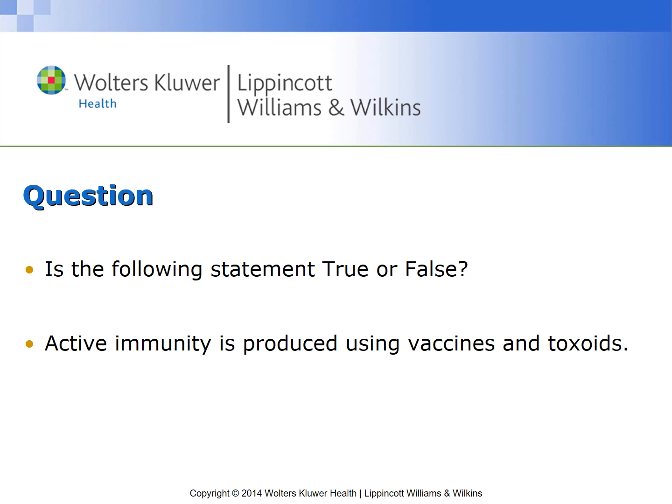Okay, got a question for you. Active immunity is produced using vaccines and toxoids. True or false? So hopefully you've answered true, and that is how we get active immunity.